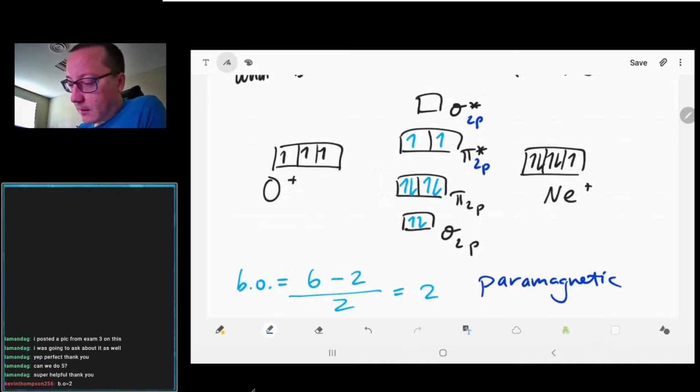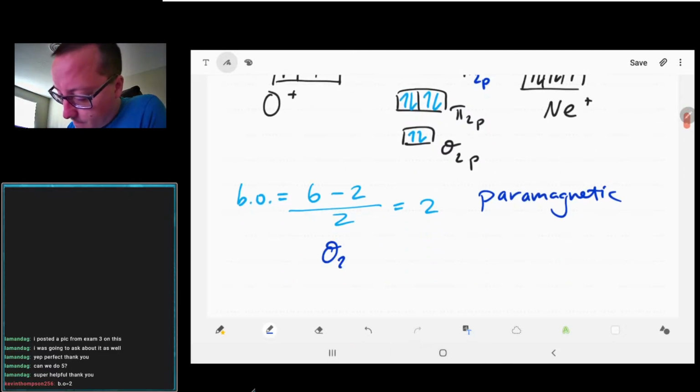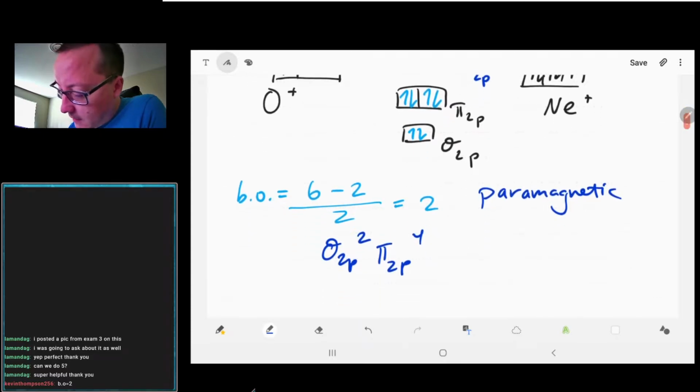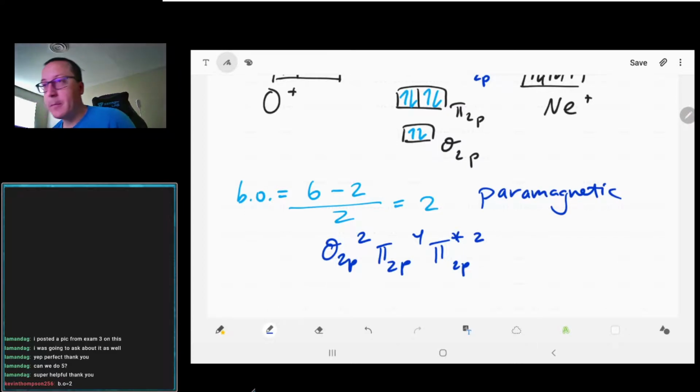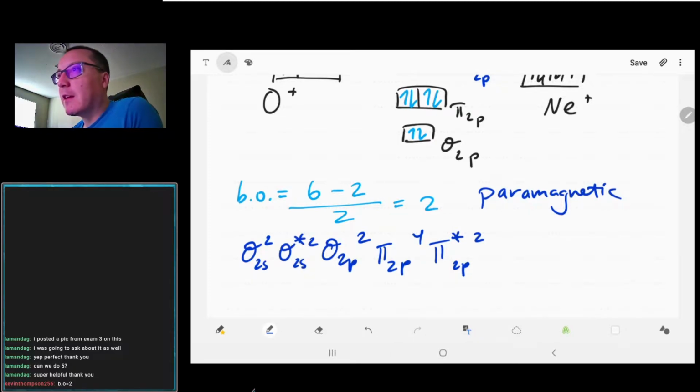If we were to do the configuration of this, we would say something like this, and then pi star 2p2. Of course, the 2s stuff would come beforehand, but fine, we'll do it. That would be, I guess, the full one for the valence shell here.